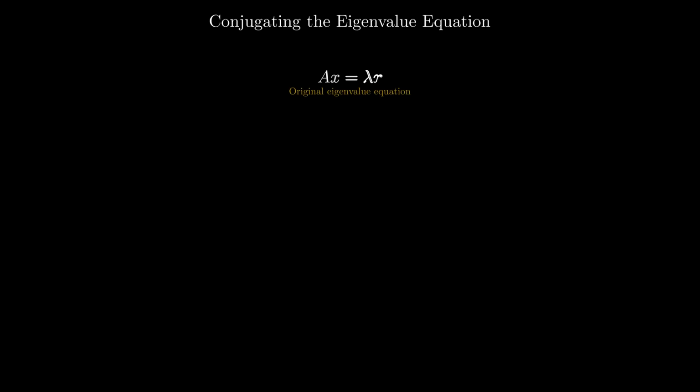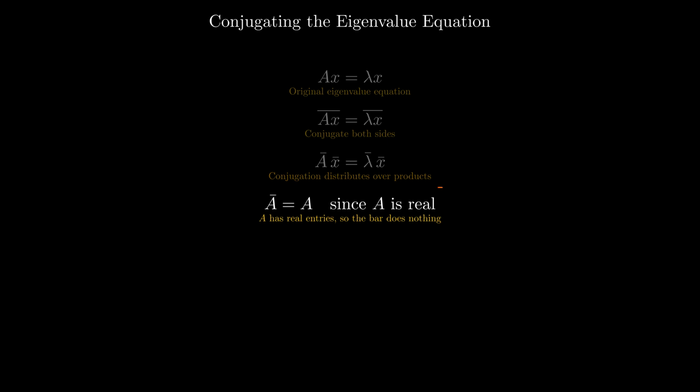Our first move is to take the complex conjugate of both sides of the eigenvalue equation. Conjugation distributes nicely over products and sums, so Ax equals lambda x becomes A bar times x bar equals lambda bar times x bar. But notice, A has no bar over it. That's because A is a real matrix, so A bar is just A itself.